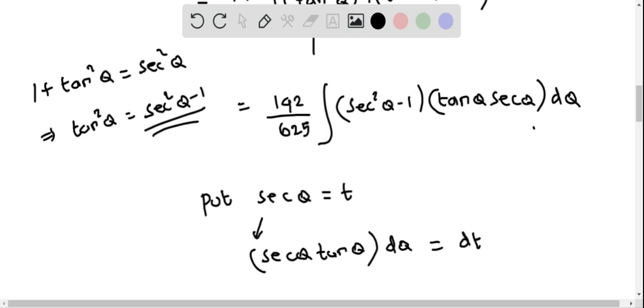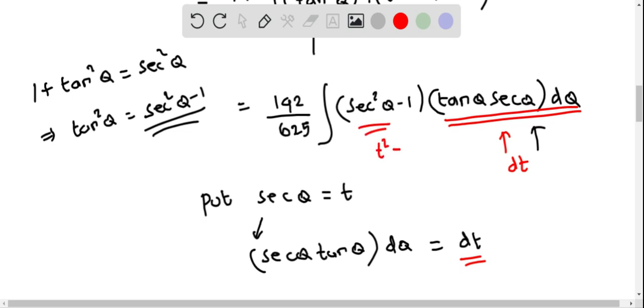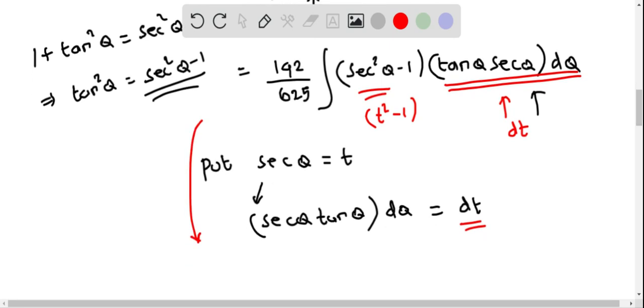So if you look at this integral, we can replace this expression, that is tangent q secant q dq, as just dt. So this perfectly becomes dt. And as we already made a substitution for secant q equals t, this will become t squared minus 1.